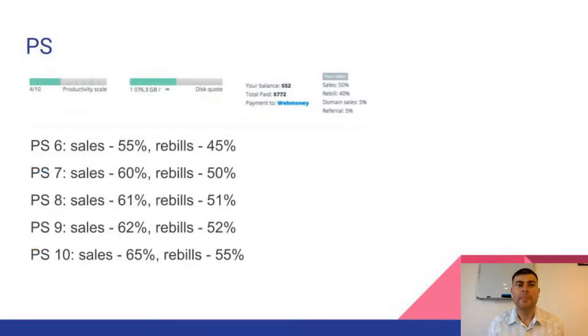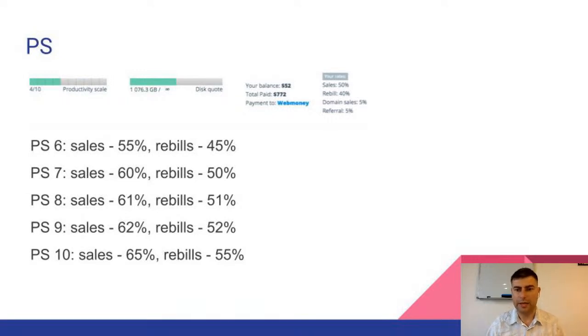Okay, let's move on. As for the PS, what the PS is. So this is simply the productivity scale. That means we calculate all the time how much content you uploaded. After that, we are calculating how much sales that content brought to you.